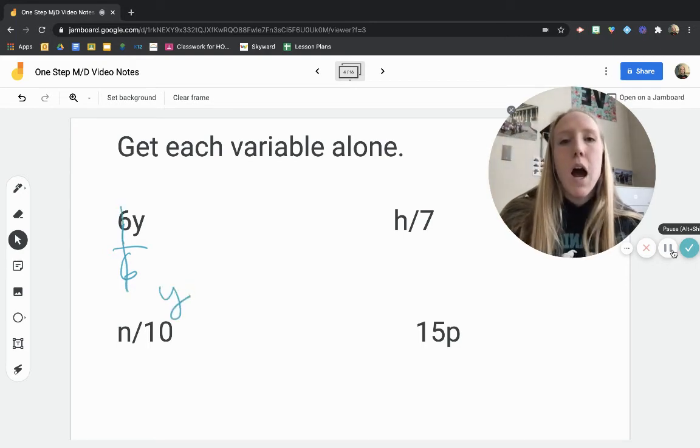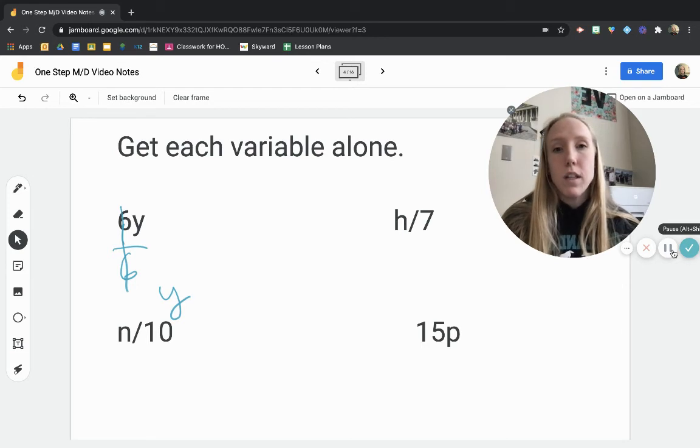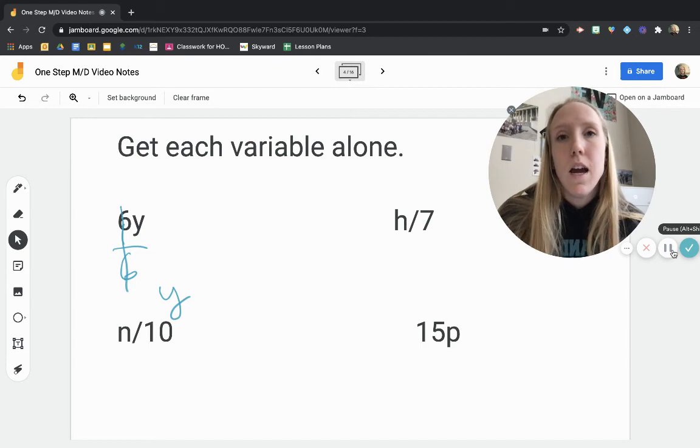Okay, next one. I want to get rid of the divided by 7. It says h divided by 7. I want to get rid of dividing by 7. To get rid of division, you multiply.